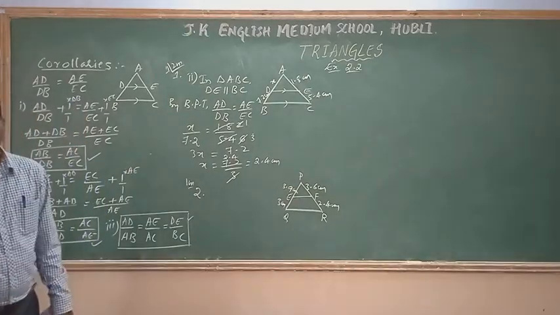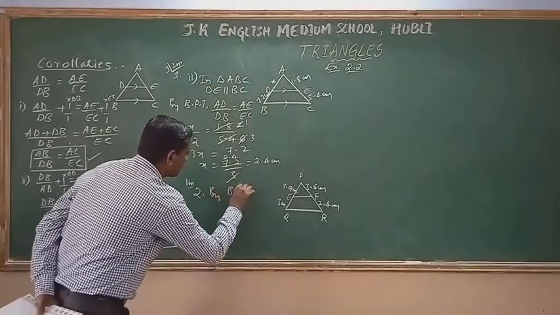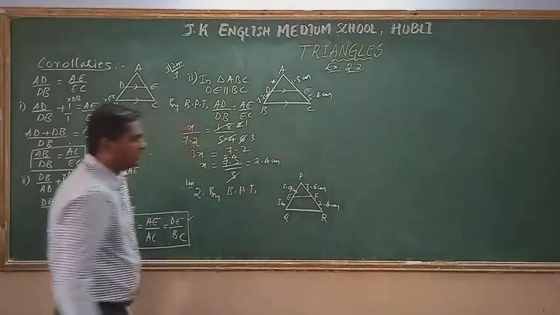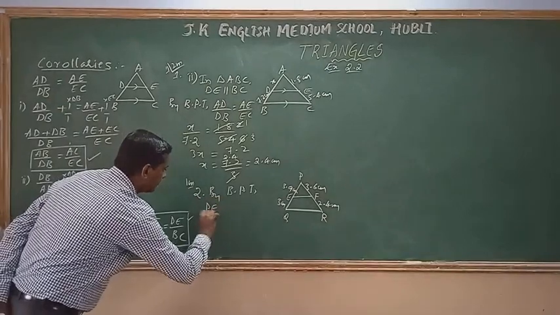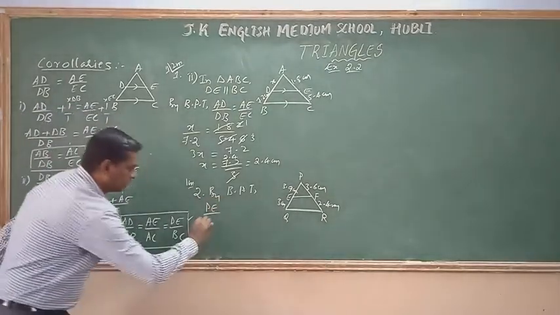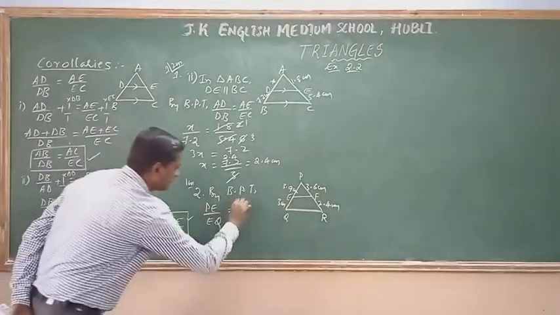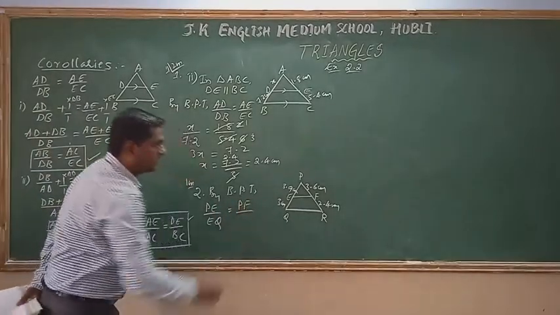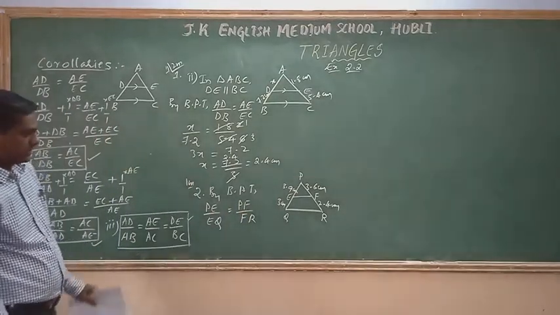So let us take the ratio. By BPT, PE upon EQ is equal to PF upon FR. Let us put the values.